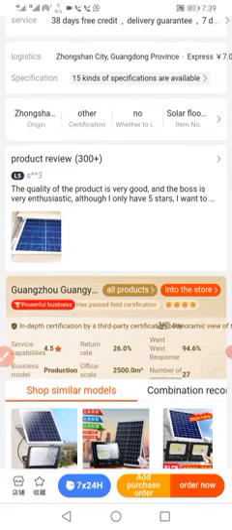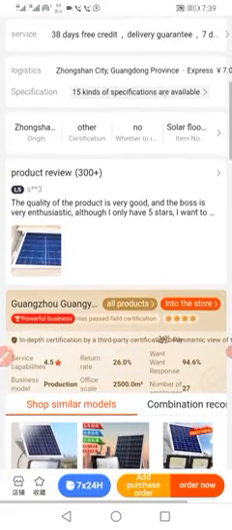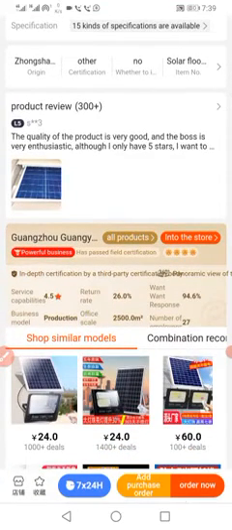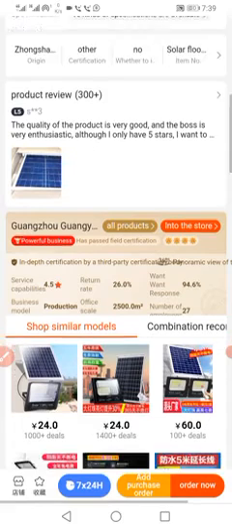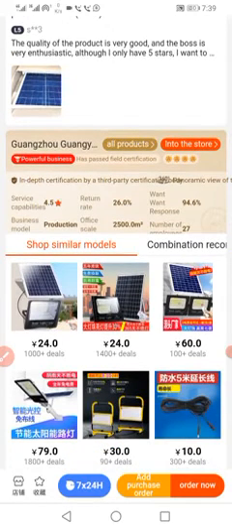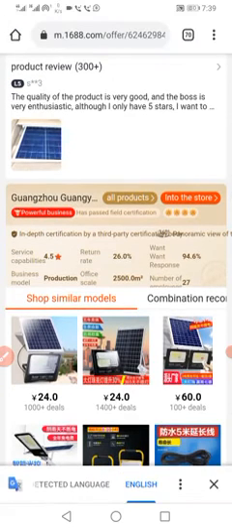Me, I don't really go with that, because as you can see, this manufacturer has just spent 2 years on this platform, and with that 2 years he has a pass mark on all we have checked. Even aside from that, this manufacturer has been verified. So most times I don't really go with the number of years the manufacturer has been on this platform. I use that as the last resort.